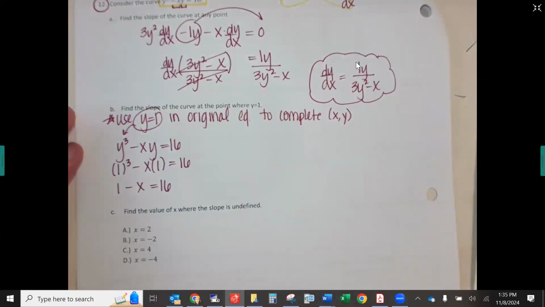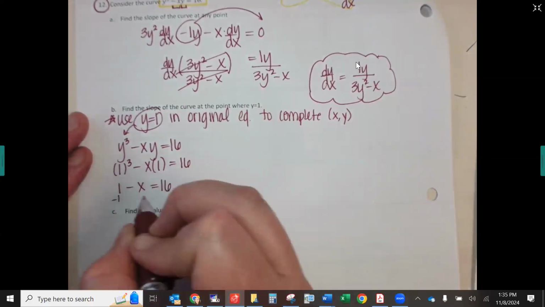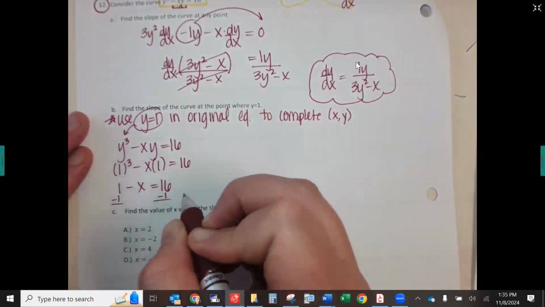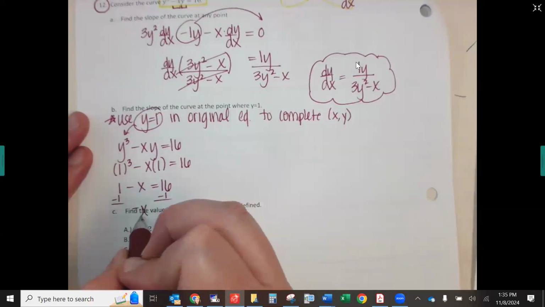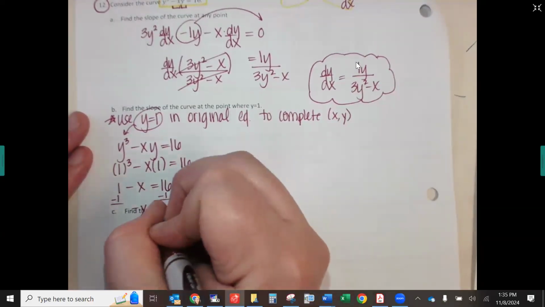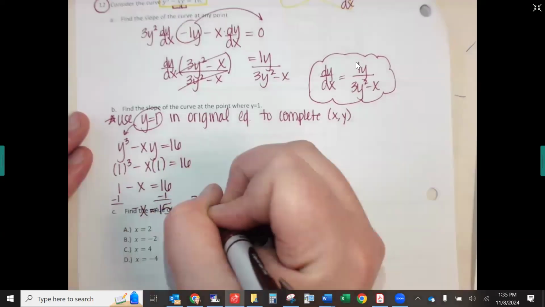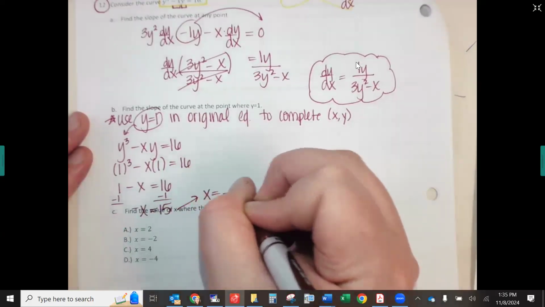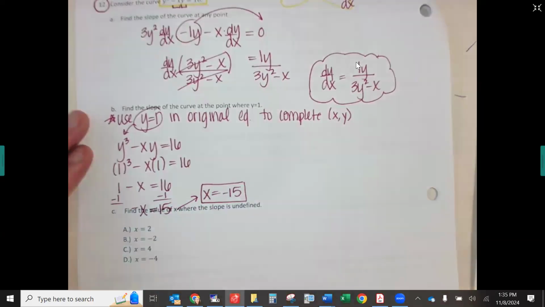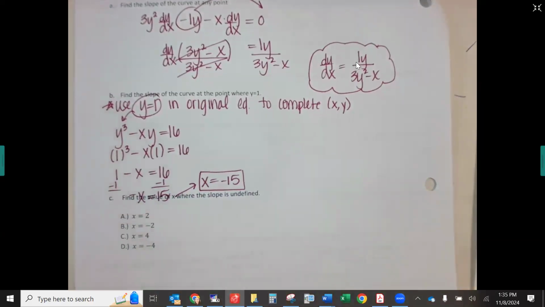From there, I need to get rid of that 1 in the front, which means that negative x is equal to what? 15. Then that means that x would equal negative 15. Think about it, you're just dividing by negative 1 on both sides.